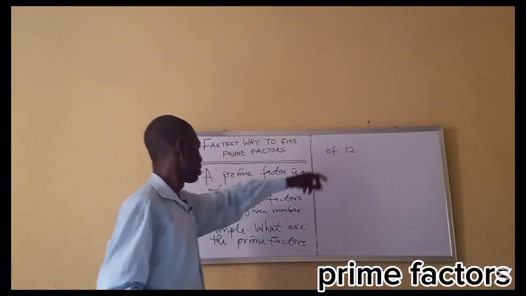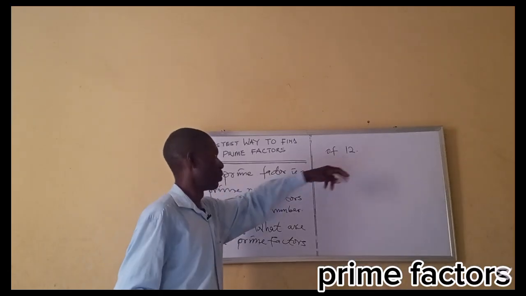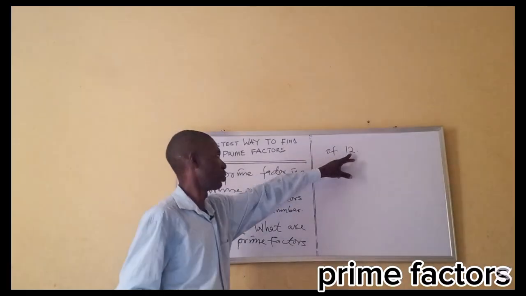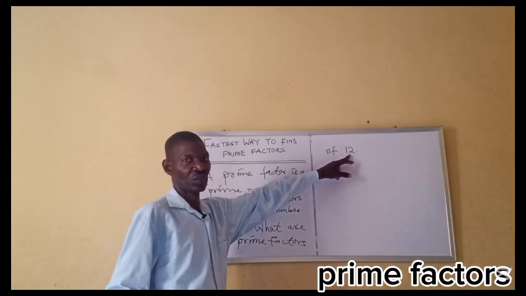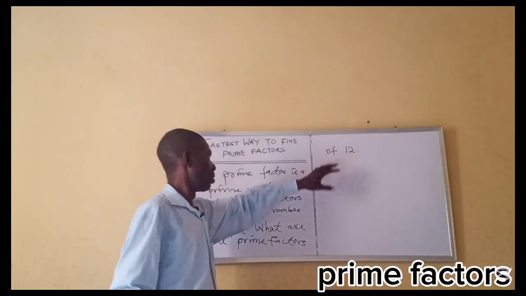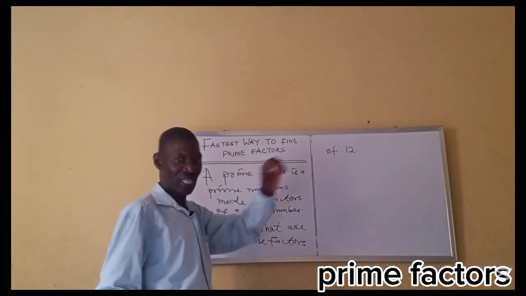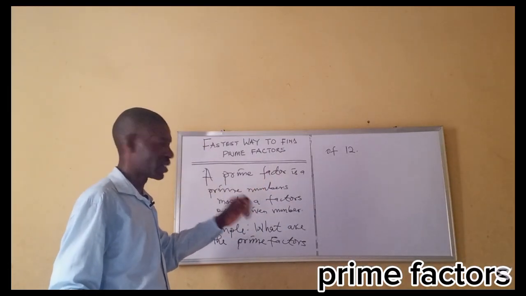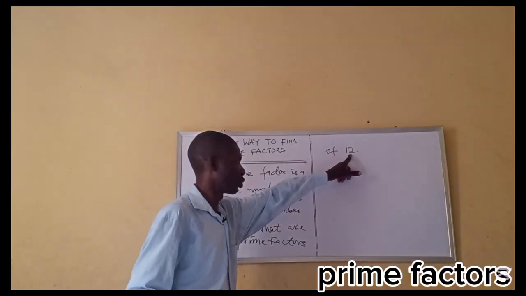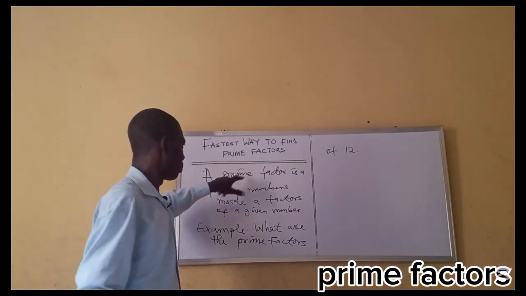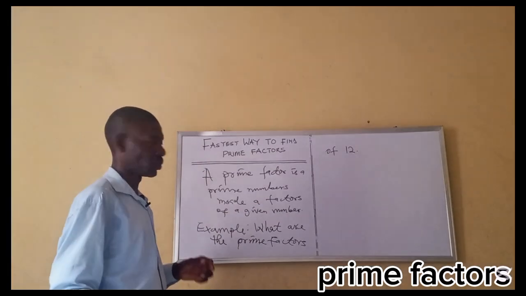To get the prime factors of 12, what we are going to do first is look for the factors of 12. Whatever our result, we'll then pick the prime numbers inside these factors of 12. Those prime numbers will represent the prime factors.